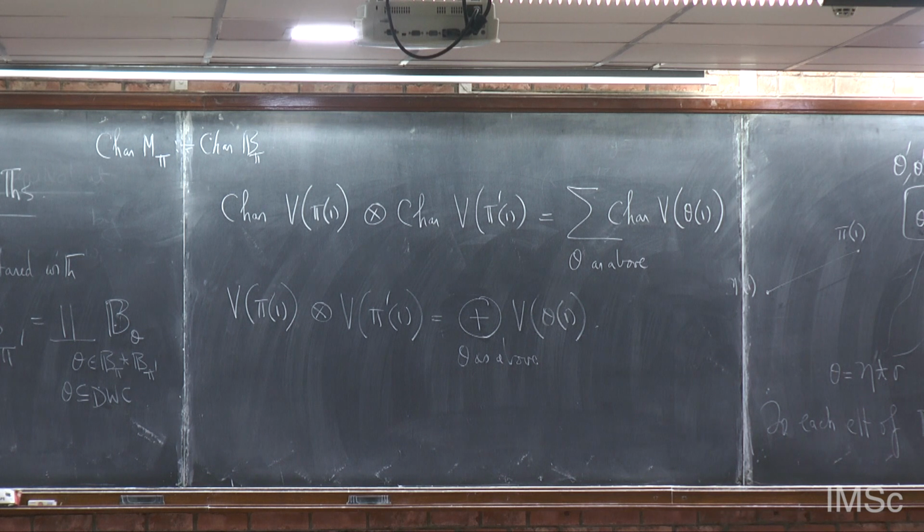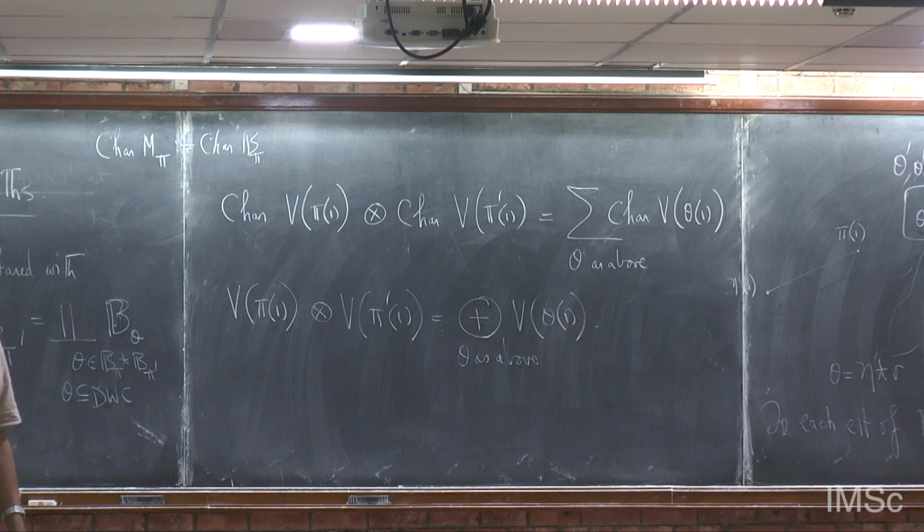Because if I take a representation and decompose it into a sum of irreducible representations, V1 to the R1, V2 to the R2, then its character will be R1 character V1 plus R2 character V2, etc. Now, if I have another representation which decomposes as V1 to the S1, etc., I will get S1 character V1, S2 character V2.